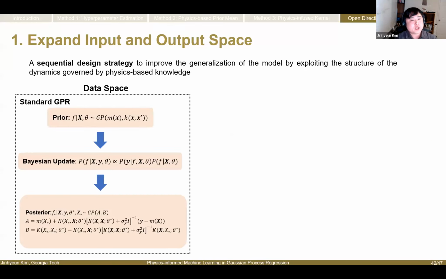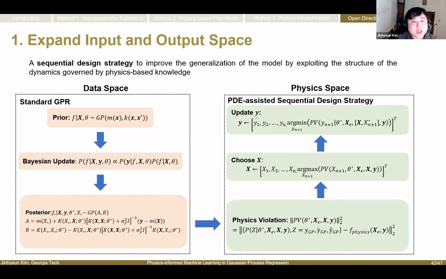For example, we just do the standard GPR and calculate the physics violation. And as a variable X, we can find the physics violation. We can find the new X that maximizes the physics violation, because we want to focus on this point first.